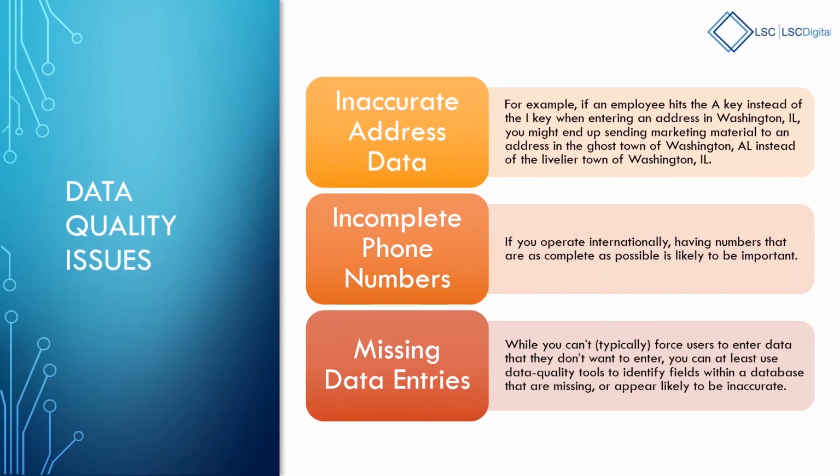So things like incomplete phone numbers and inaccurate address data, I can't stress that enough. When I was at a publisher, they would spend millions of dollars on direct mail pieces, and just having an inaccurate 5% was tens of thousands of dollars of wasted revenue. So we really can't encourage everybody enough. Kate and her team do a great job when she's acquiring data to really go through that data, find those inaccuracies, kick them back and do further research.